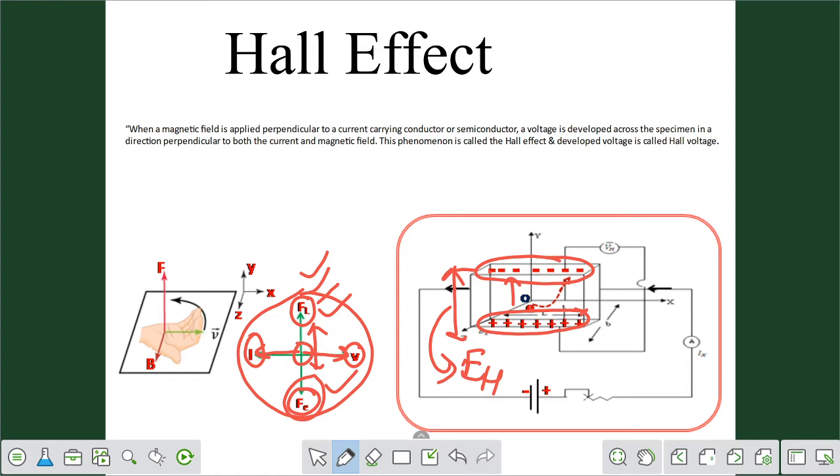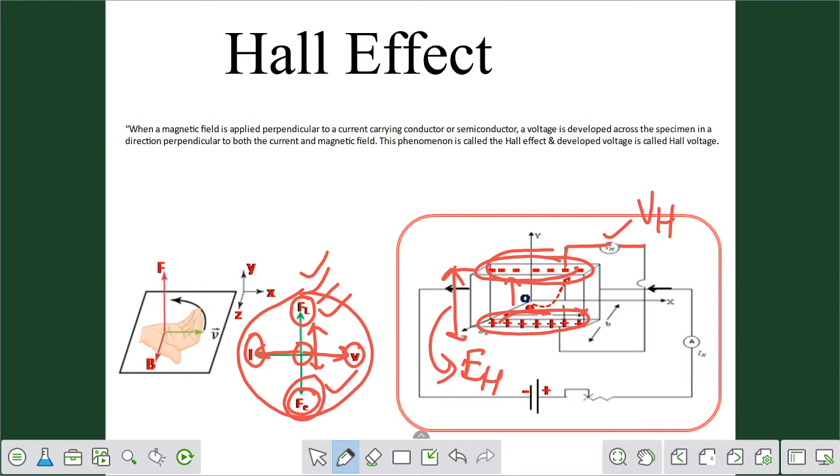Okay, and due to this collection of charge carriers, electrons as well as holes, a potential difference is produced across these plates, and that potential difference is called the Hall voltage, which is denoted by V_H.